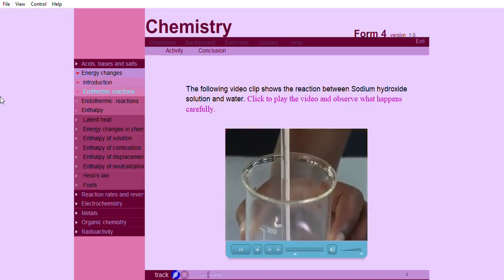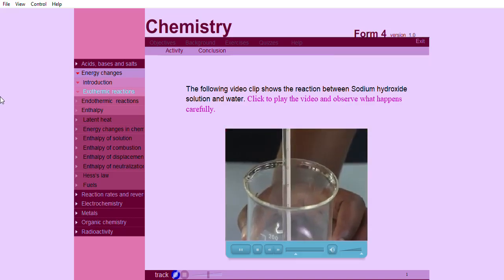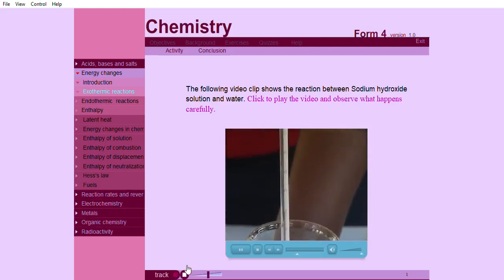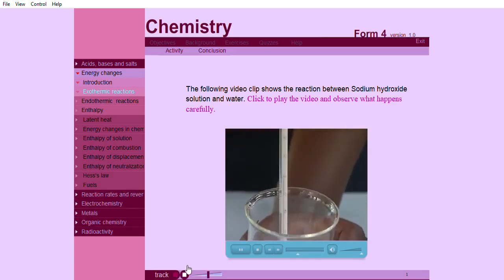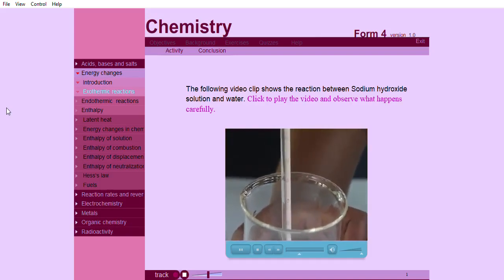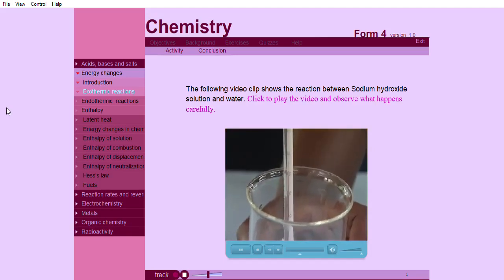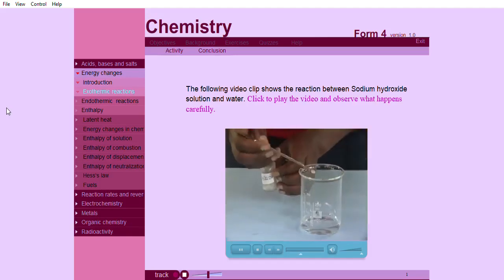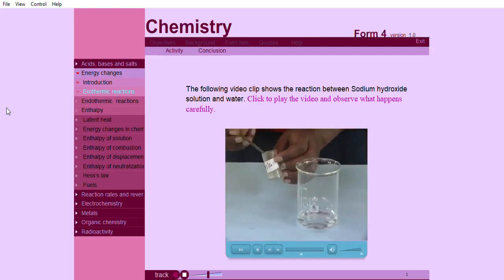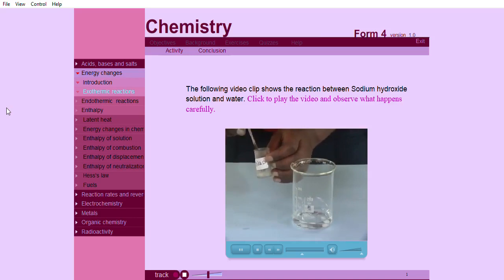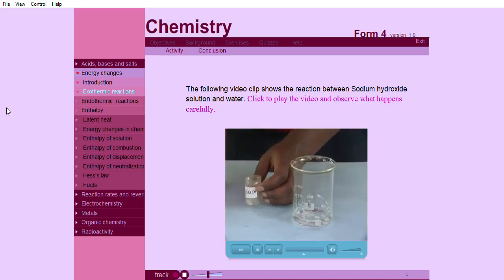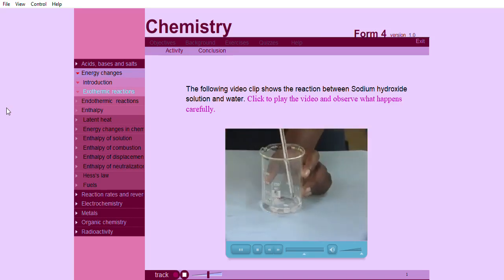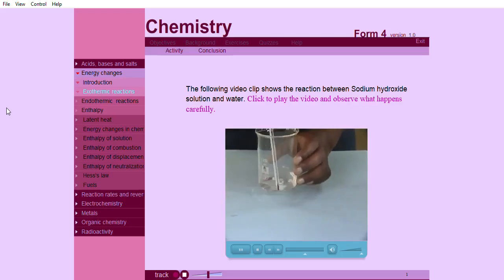Show the temperature of the water in the thermometer. Add 3 spatulafuls of sodium hydroxide to the water. Use the thermometer to stir the mixture.